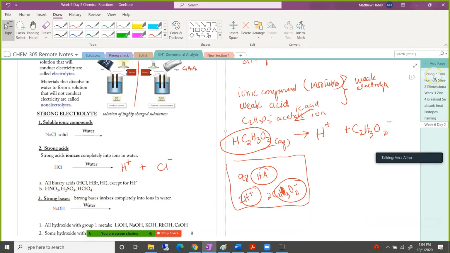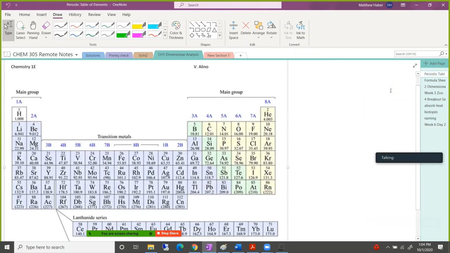So let's take a look at the periodic table so that it's easier for us to remember. HCl, HBr, HI are strong acids. The polyatomic acid nitric acid is also strong. Sulfuric acid is also strong.